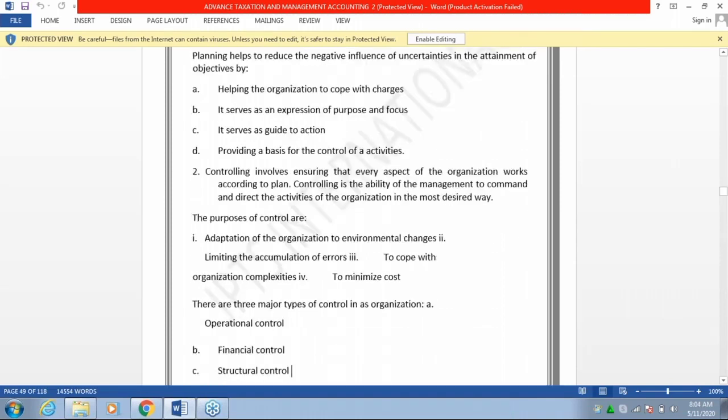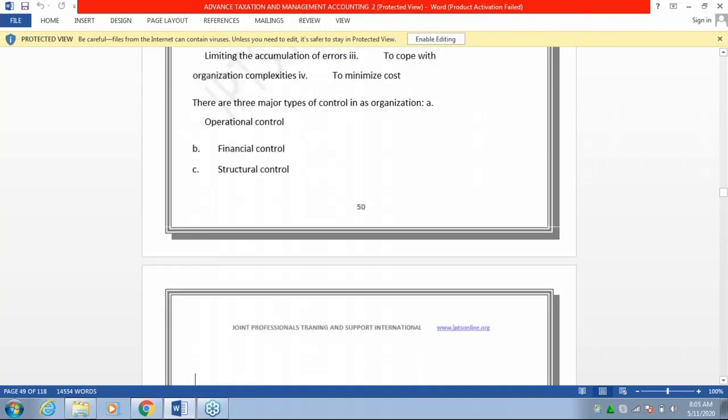Now, look at the purpose of control: adaptation of the organization to environmental changes, limiting the accumulation of errors, coping with organizational complexity, and minimizing cost. There are three major types of control in an organization: operational control, financial control, and structural control.